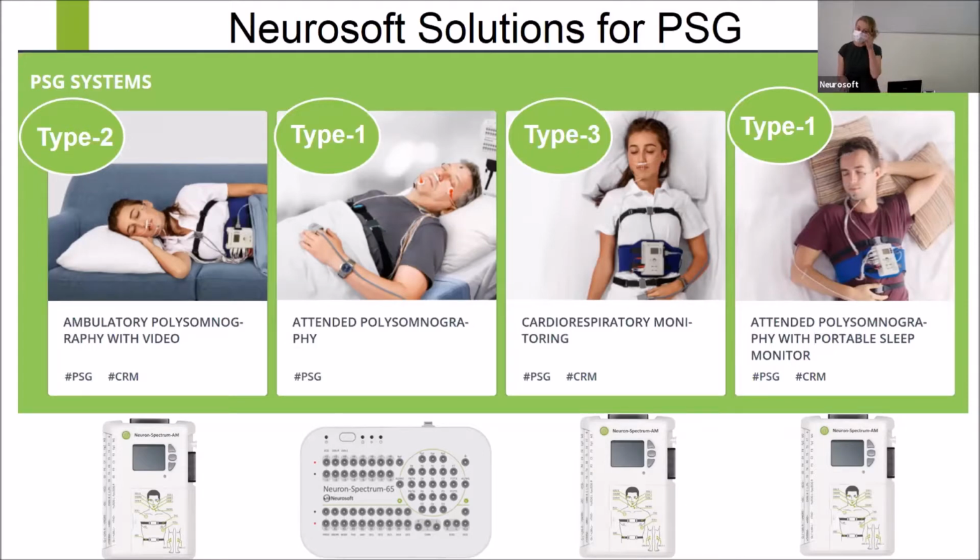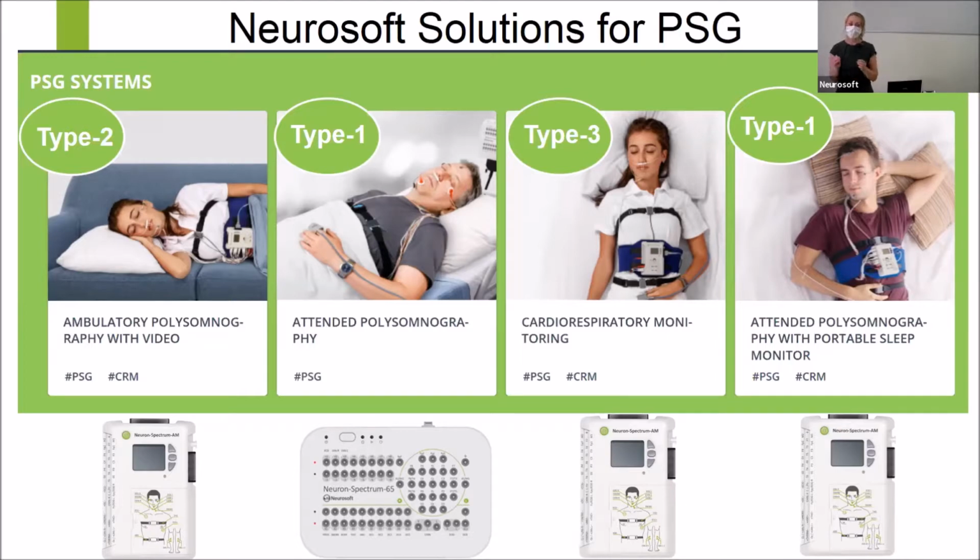If users buy the Neuron-Spectrum-AM CRM, they get a special low price. They have a special delivery set, which includes the electrodes and channels for respiratory monitoring only, and they get the Neuron-Spectrum software with the respiratory analysis module only. It means that users who buy the Neuron-Spectrum-AM CRM can't perform sleep analysis.